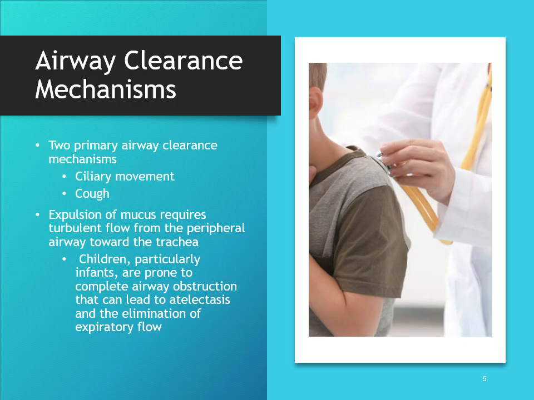So let's talk about some of the traditional airway clearance techniques and some of the newer techniques. We're going to start with some of the traditional techniques for getting these secretions up and out.